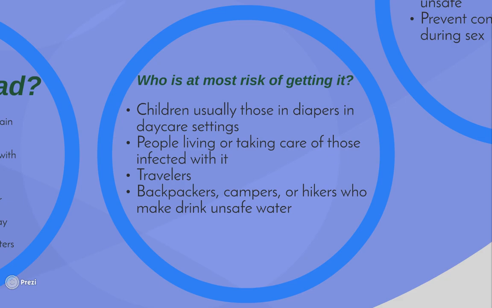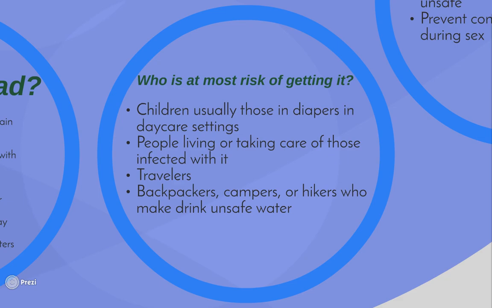Who is at most risk of getting it? Because it has to do a lot with human feces and fecal matter, children who aren't taken care of properly, who sit in their soiled diapers, typically in daycare settings where it's usually not a one-to-one ratio of caretaker to child.